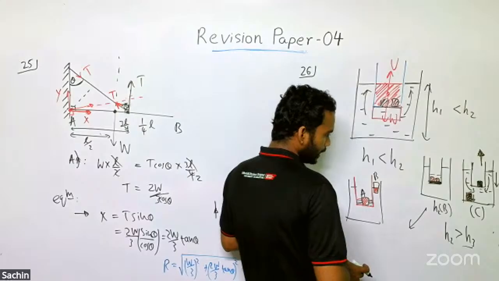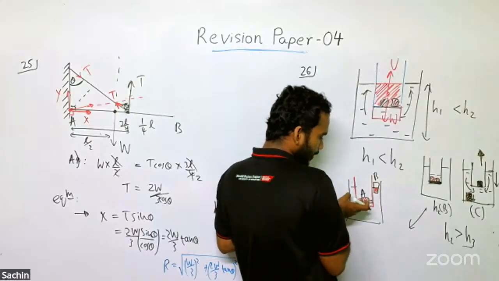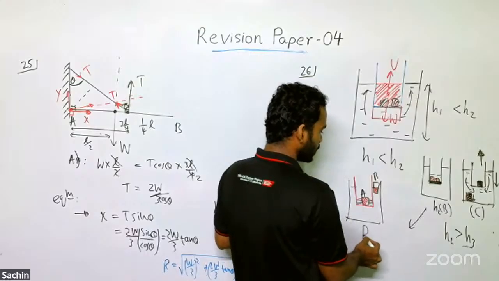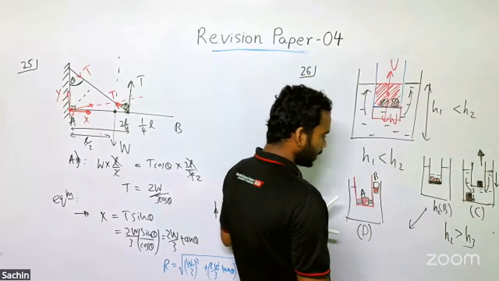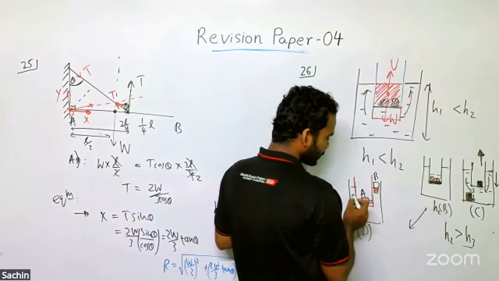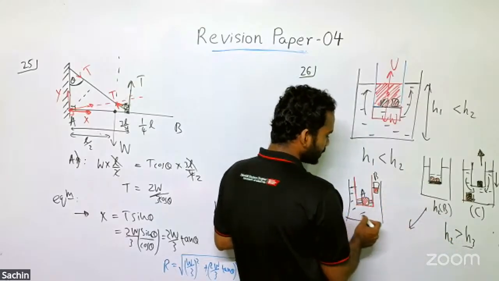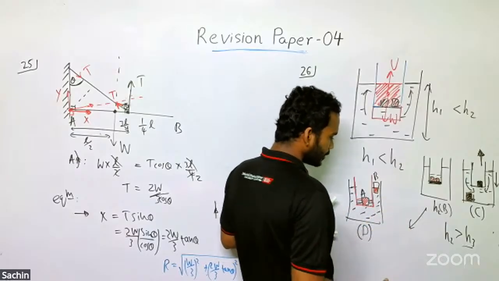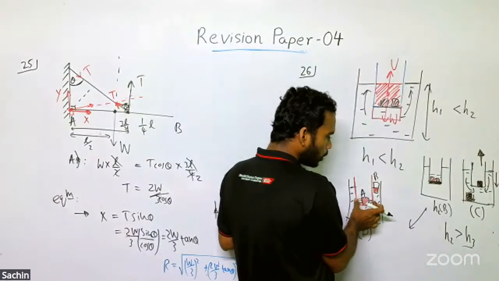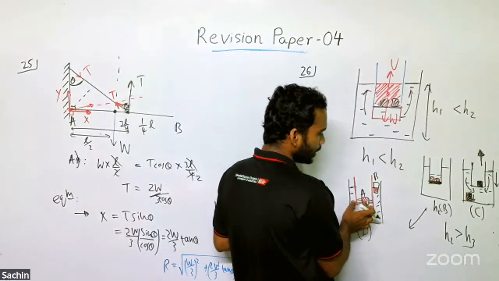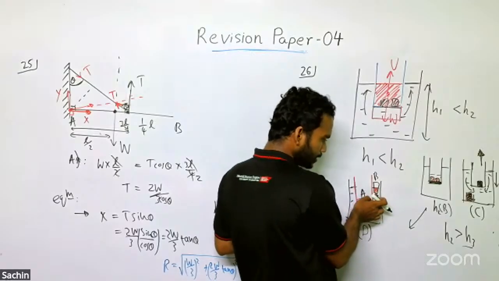So don't you see, in this case and the case in B, if you compare D and B, in both cases the liquid is displaced. Okay, the liquid inside the larger vessel is displaced such that to float all these three components, I mean, the inner vessel is floating, A is floating, B is floating.